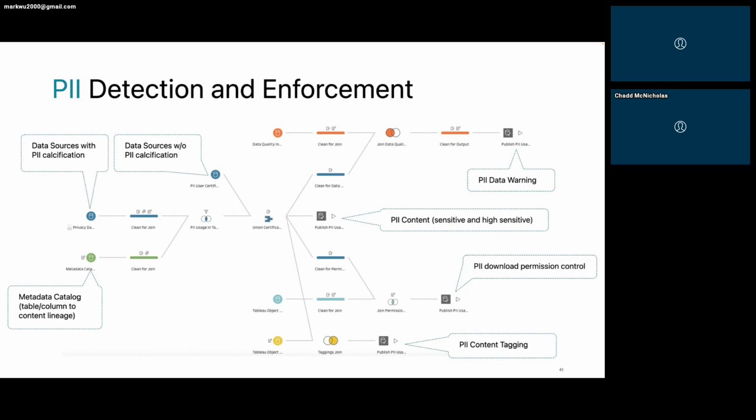So I have different outputs from my flow to feed different purposes. The key thing here is to identify and detect PII.